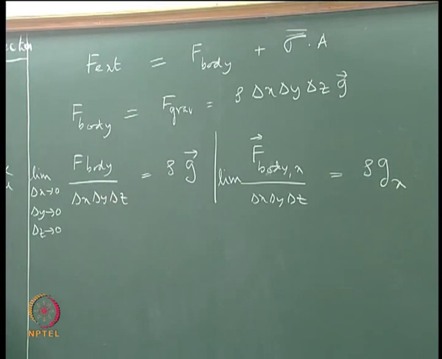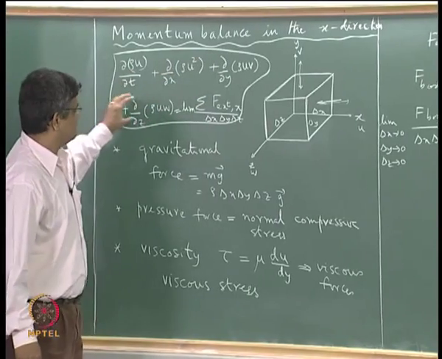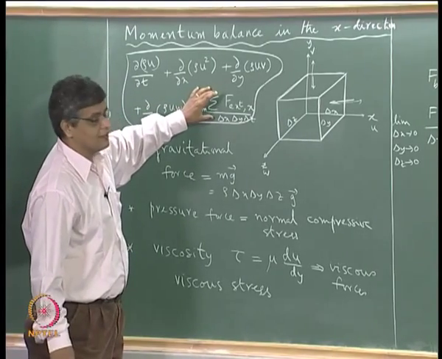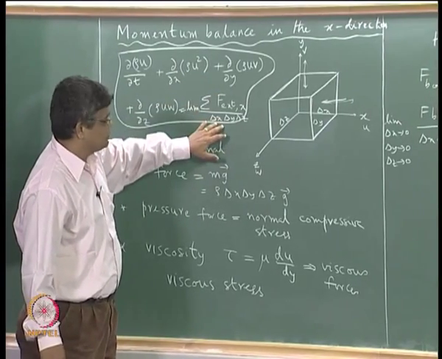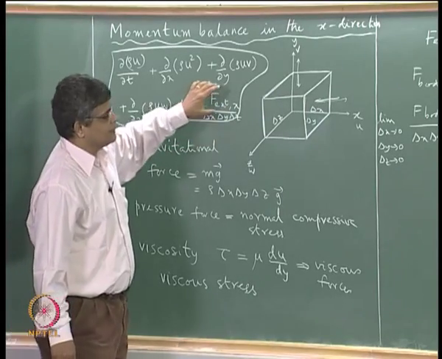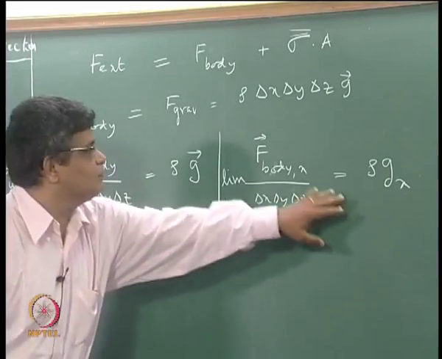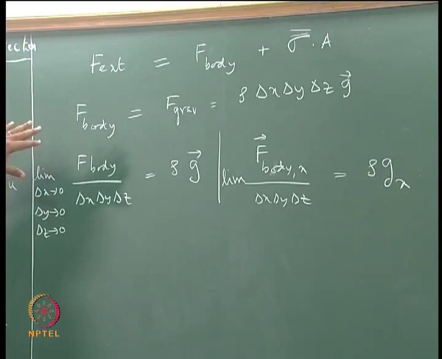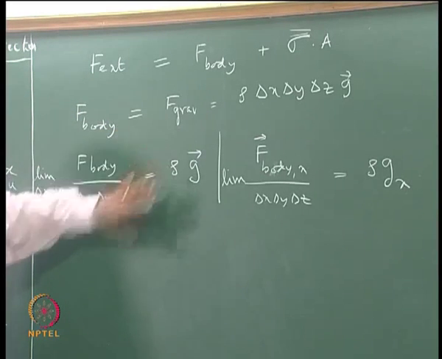So when we consider the momentum balance equation and look at the external forces acting per unit volume of the control volume, this is nothing but rho g x for the body force, which we are identifying as the gravitational force.